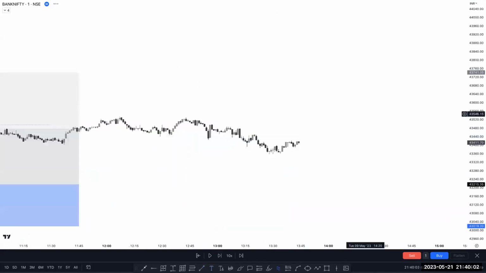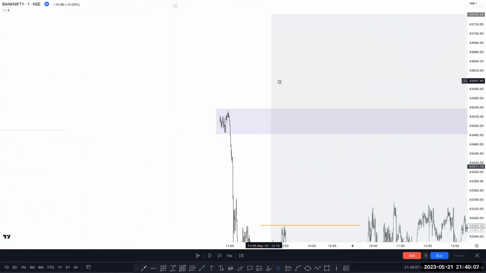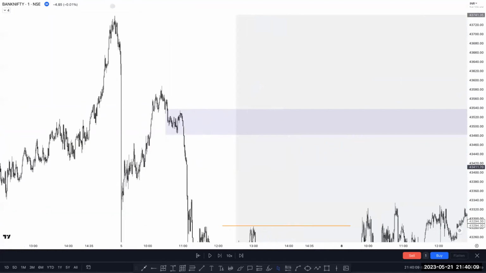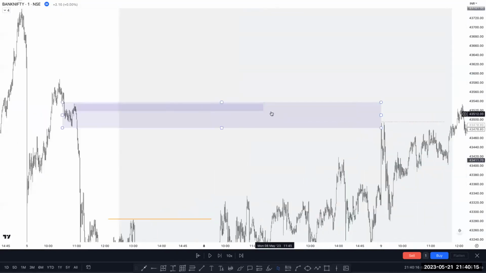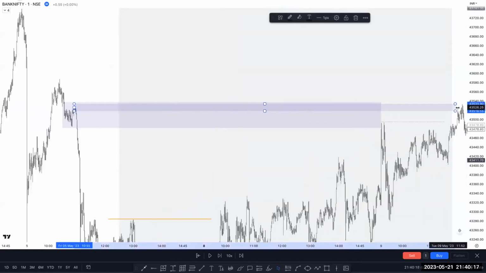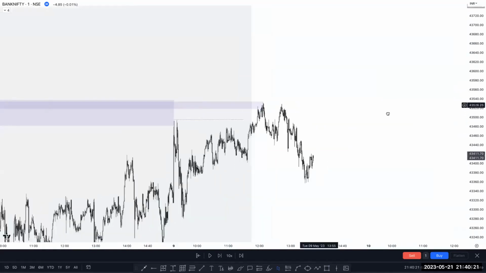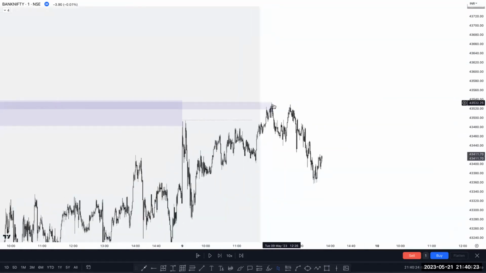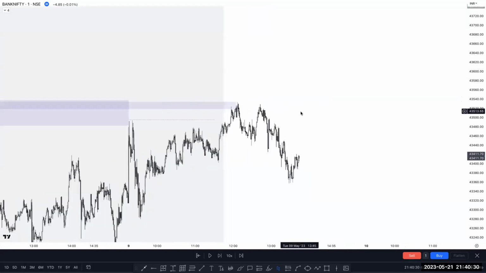Now you have to check here in a 1 minute time frame, whether refinement order block is mitigated here or not, because this is extreme here. Is absolutely tapped here, and when price taps here on your refinement order block, you can take entry here for the sell.